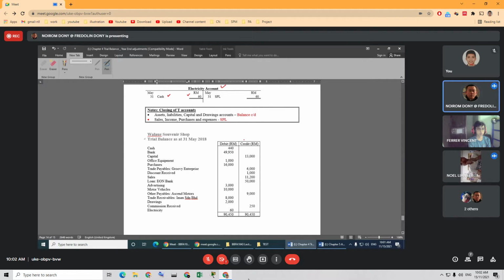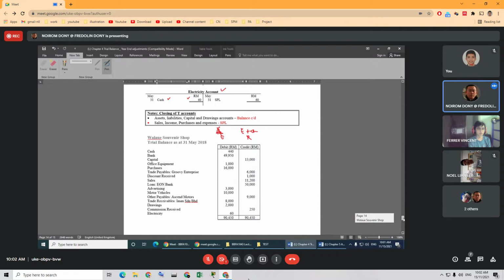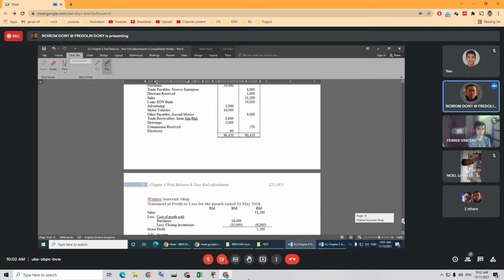And then credit column: equity, liability, and revenue. So we should be having total debit 90,450 and credit also the same thing.